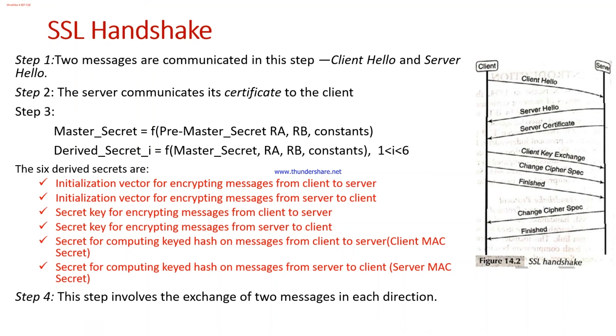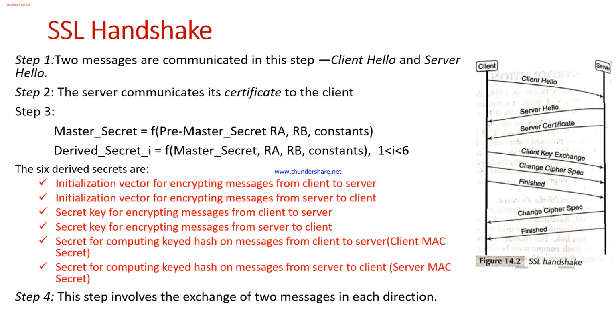Okay, and the second message in this step is the finished message. This message includes a keyed hash on the concatenation of all handshake messages sent in the proceedings plus a predefined constant. This keyed hash serves as an integrity check on previous handshake messages.